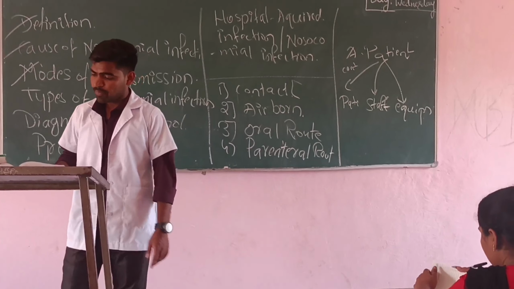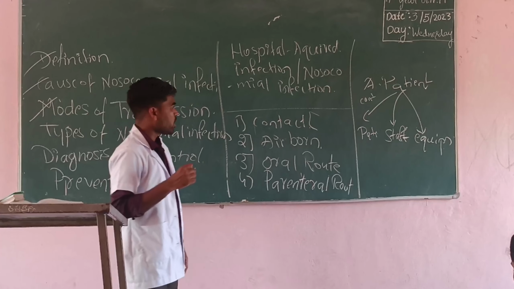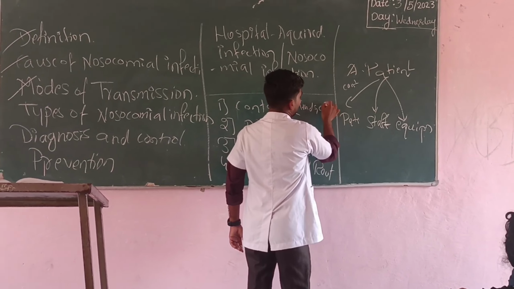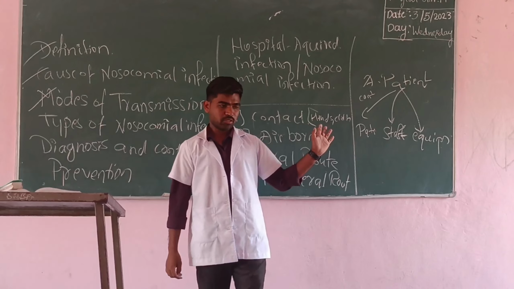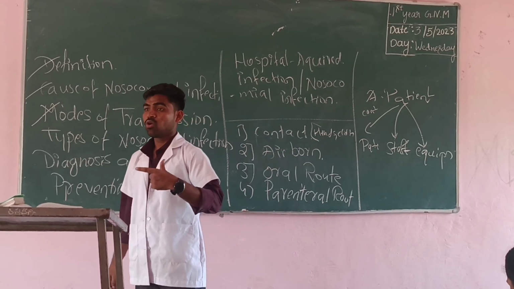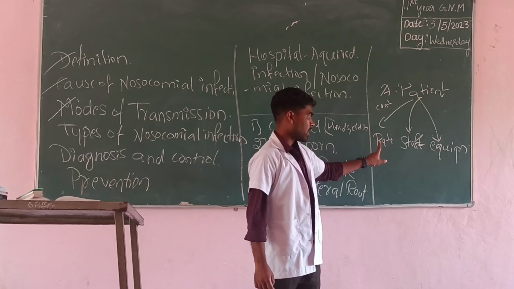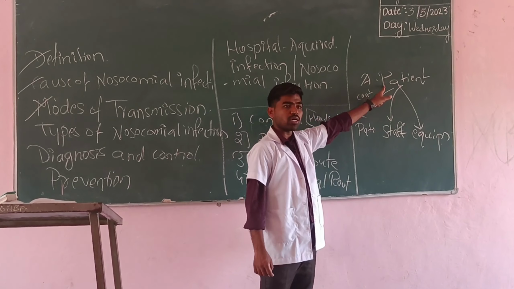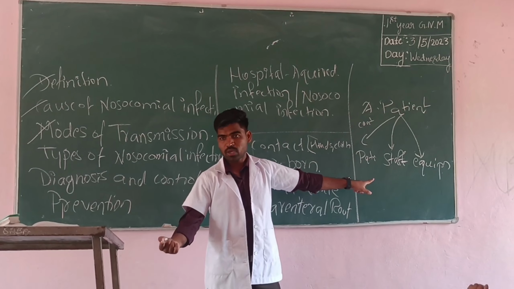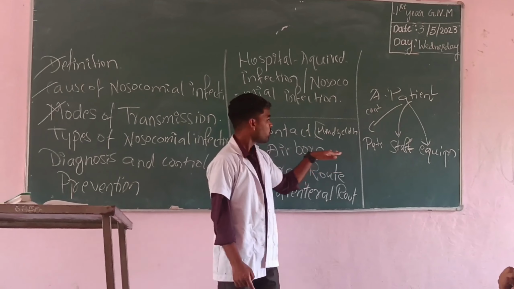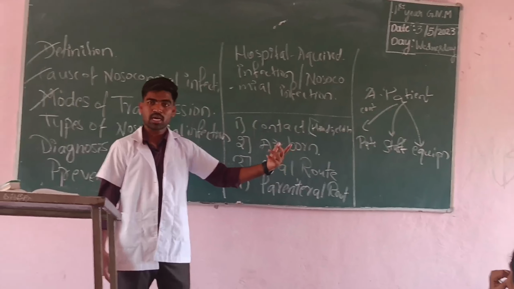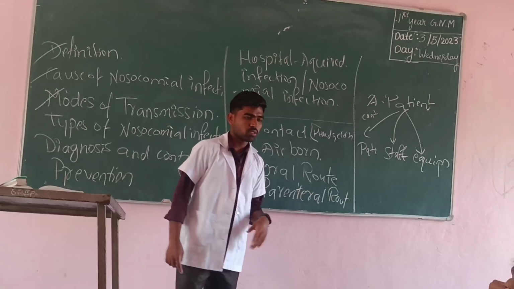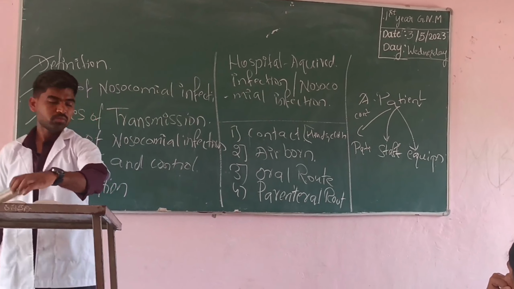In the contact method there are two: hands or clothing. Hands means touch: one patient touches another patient. Clothing means one patient wears the cloth and the same cloth is worn by another patient. That is transmission by contact, understand? Next is airborne.